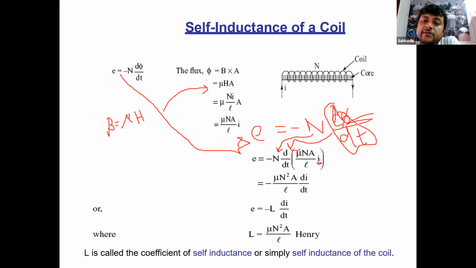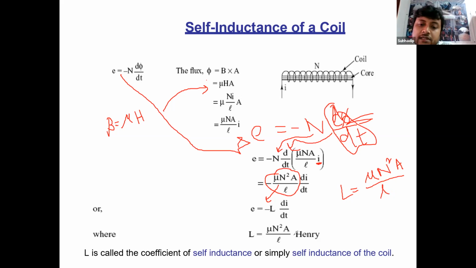As we know that this I is the instantaneous value, so it will be coming as mu n square a by l di dt. So this particular value, minus mu n square a by l, is nothing but coming as minus L di dt. That means this L is nothing but mu n square a by l.